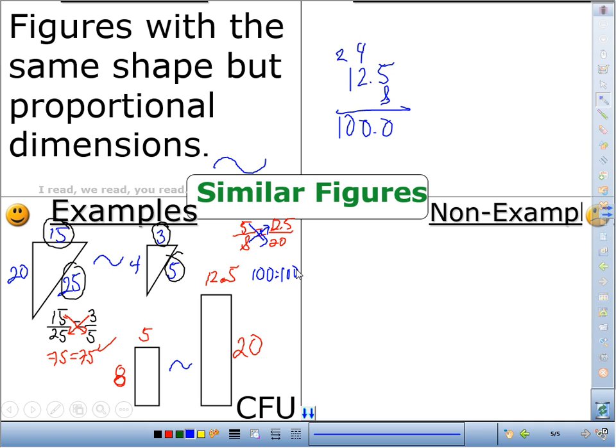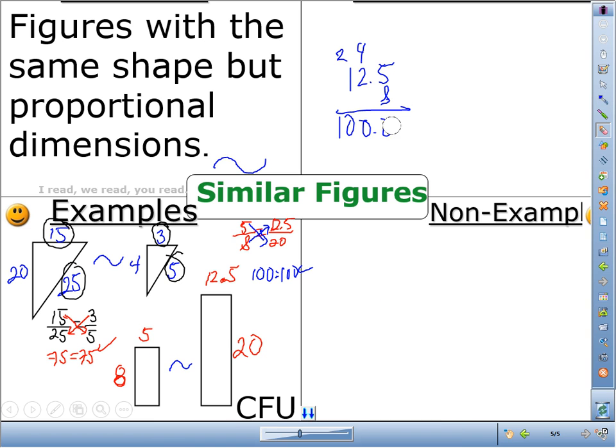They're not similar, they're equal. This figure is similar to this one. It's not equal because it's not the same size, right? But it's proportional.